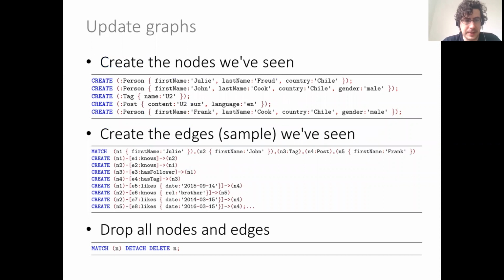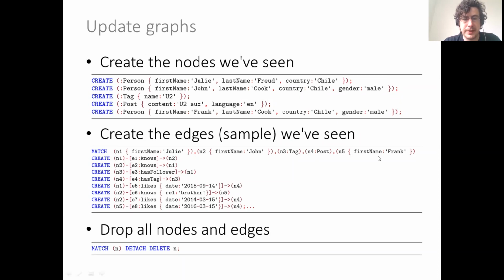So in terms of some examples of some of the main types of commands, here are essentially the commands to create the graph that we've used in the class. So here we see we create the nodes, all of the 5 nodes that we saw in the example property graph that we've used. Then we create the edges, right?